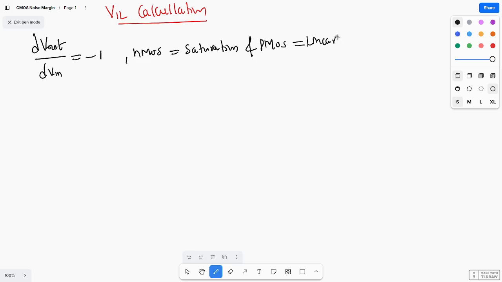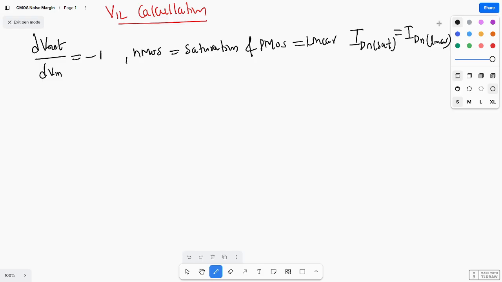In this condition, I can say that both currents are same. ID in saturation equal to ID in linear. So drain current in saturation equal to drain current in linear region.